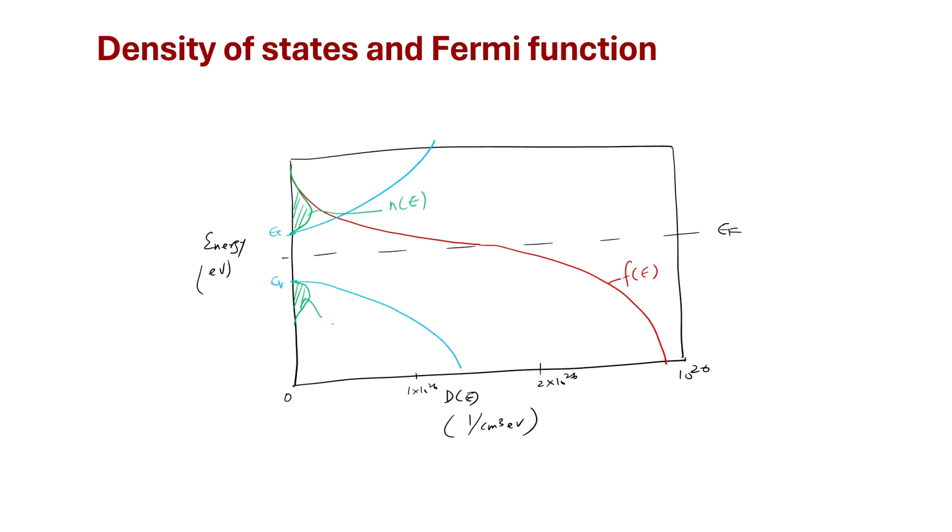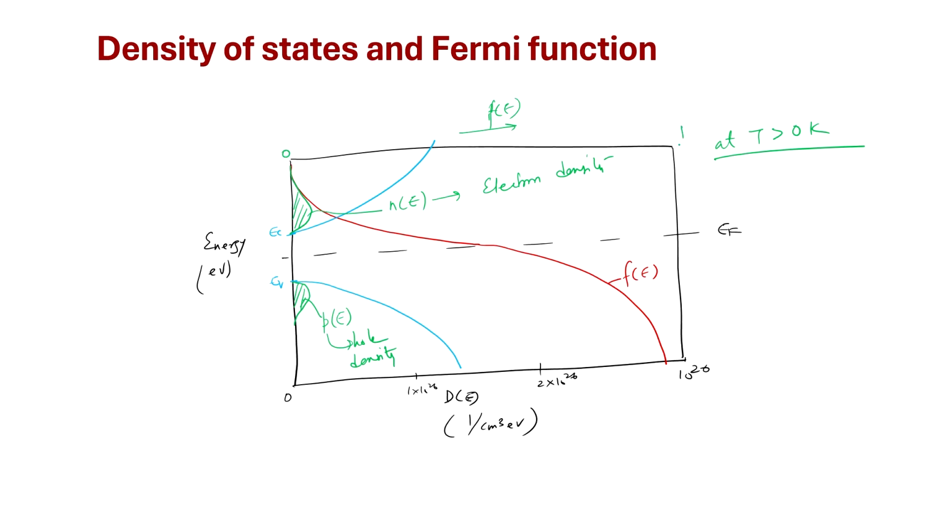So, this little lobe here will give me what we call Ne, and this will give me Ph. This is your electron density, and this is your hole density. So, of course, this is at a temperature of 0 Kelvin, and as you increase the temperature, on the y axis you can plot Fe from 0 to 1.